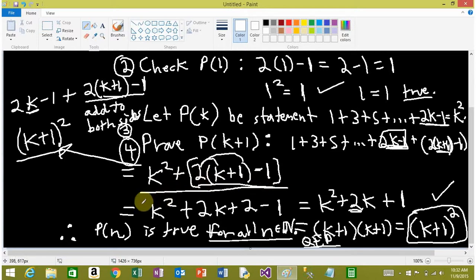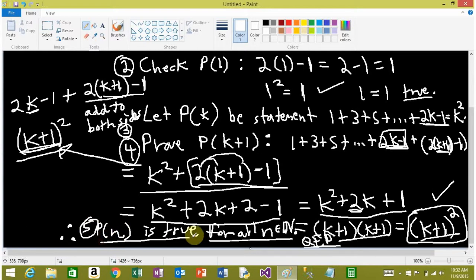And then all we do is we work on the right side of the equation step by step until we get k squared to turn into k plus 1 squared. That's what we wanted, and that's what we got after factoring. And saw it's a perfect square trinomial. And then last step is just to conclude, right? Just saying that P of n is true for all n in the natural numbers.